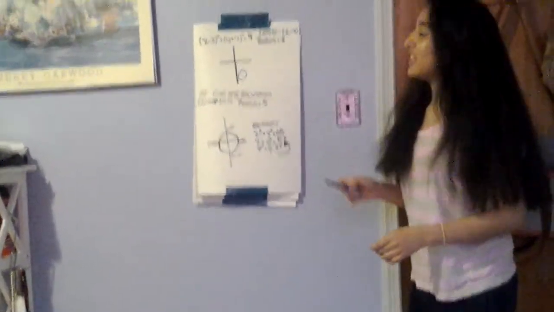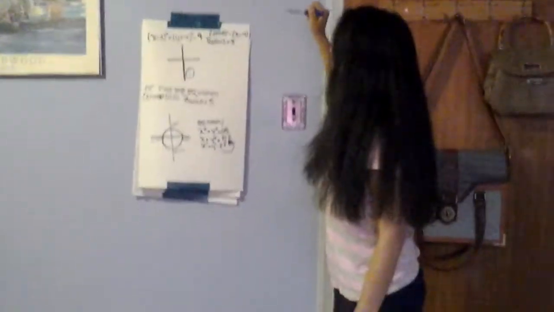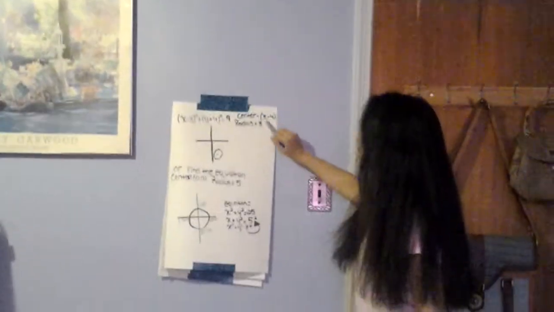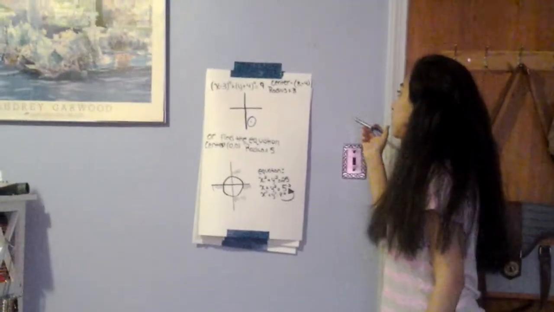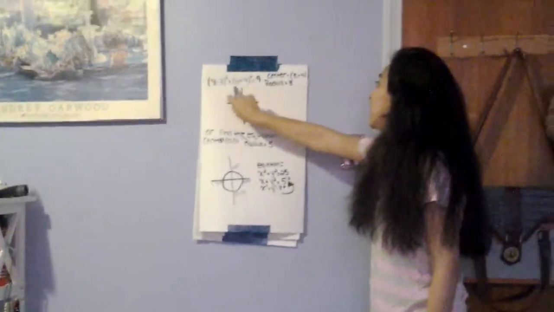Okay, this is the one where we did the circle. And this is where you had to plug this in to find the radius. So you plugged it in, and then it gave you the radius.